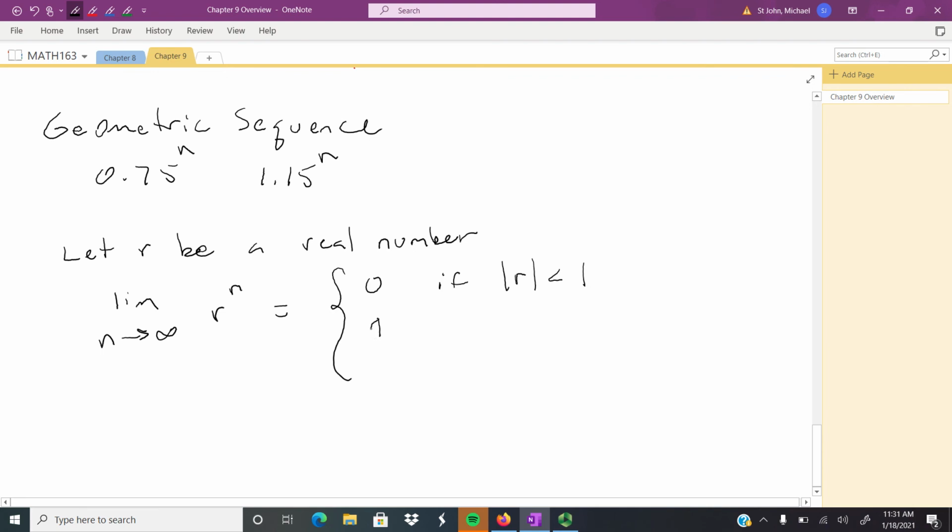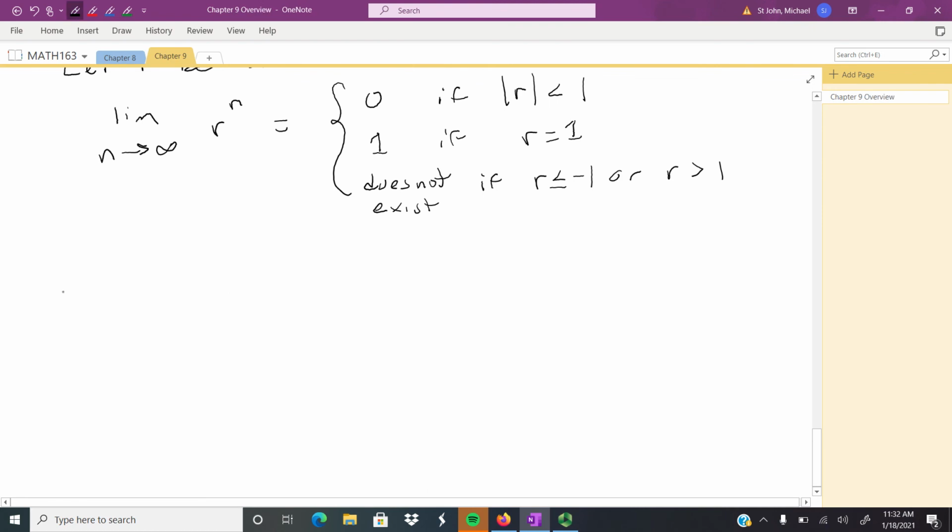It is going to be 1 if r is equal to 1. And does not exist if r is less than or equal to -1 or r is greater than 1.